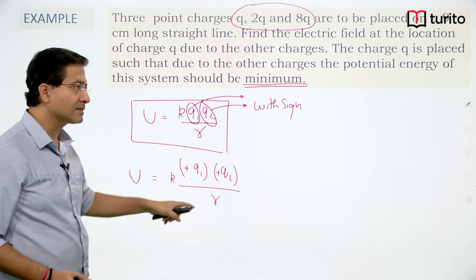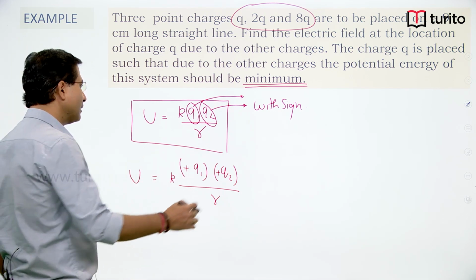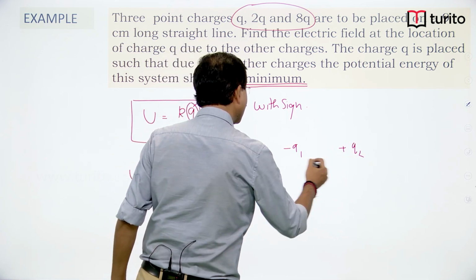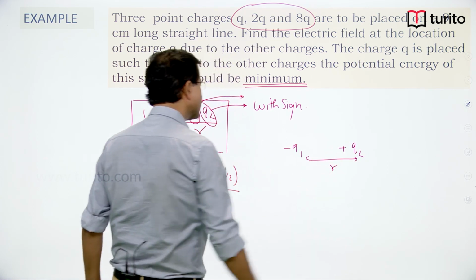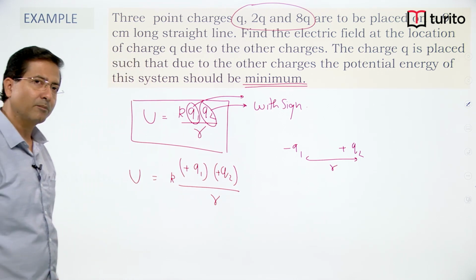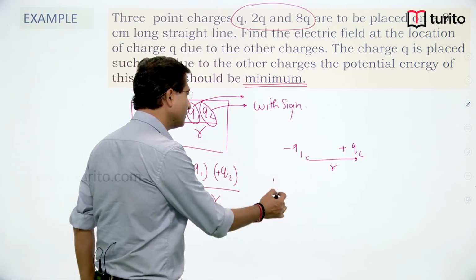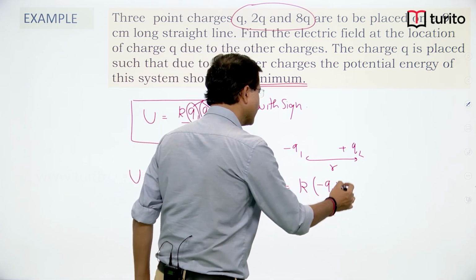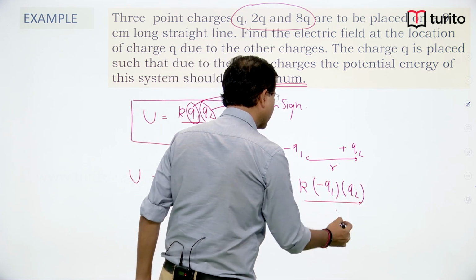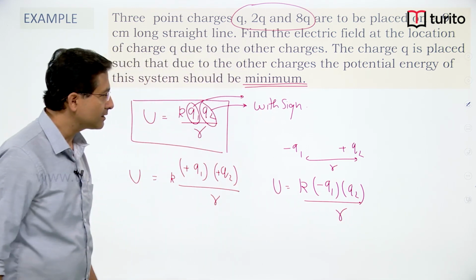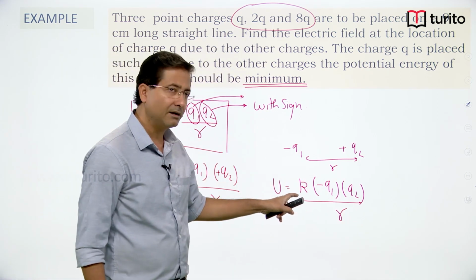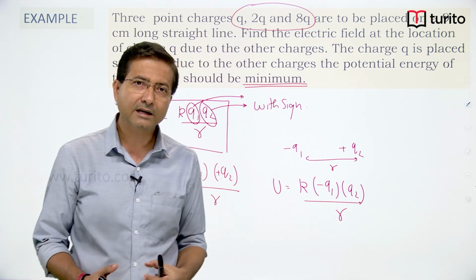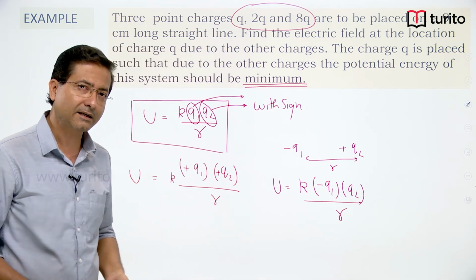If one of the charges is negative, for example now I am considering minus Q1 and plus Q2, and I want to find the potential energy of this system, then U is equal to k, charges with sign, Q1 and then Q2 divided by R. You can see this minus sign will come in front and this whole value will be negative. Negative means the interactive force is attractive in nature.